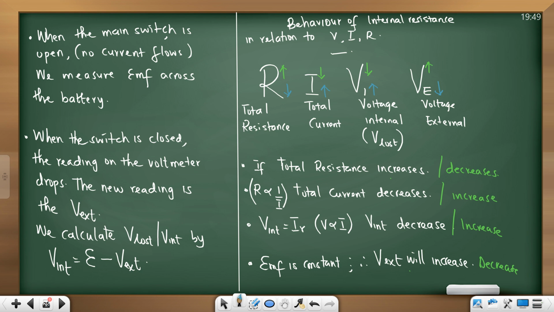Guys, are we okay with this explanation? So your job is to watch what's going to happen to R, and then the rest would follow. Remember, for R to increase, we can either add a resistor in series, remove a resistor. Do you want us to add that note to it? We have it already.